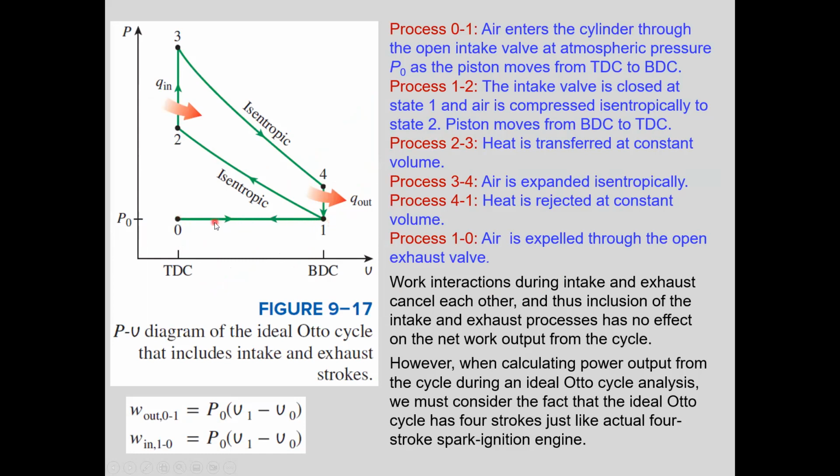Then 1 to 2 is isentropic compression, 2 to 3 is constant volume heat addition, 3 to 4 is isentropic expansion, 4 to 1 is constant volume heat rejection, and 1 to 0 is the constant pressure exhaust process.